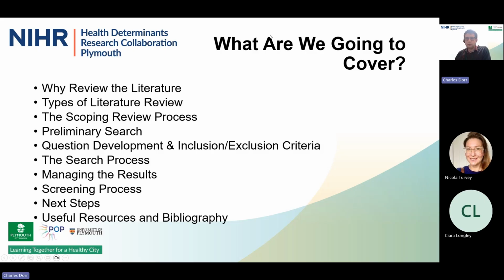So that's a more detailed overview of the steps we'll go through during this session. We'll talk about why we need to do literature reviews, then the different types of literature reviews, and then the process, and we'll run through each of those steps as well.